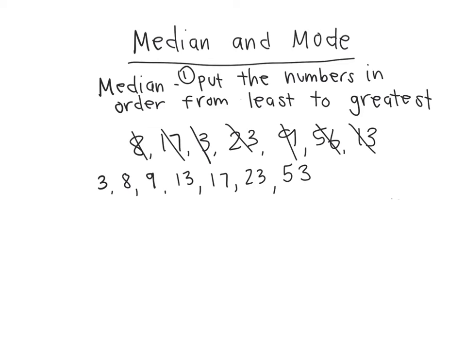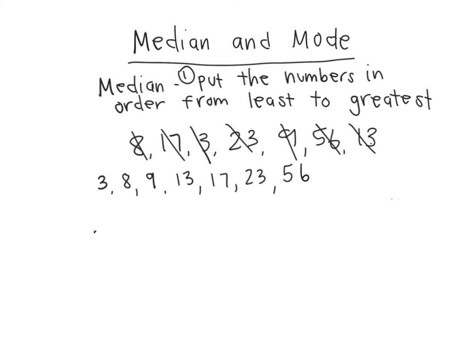Oh, if I could write that right, I would be good. Hold on one second. I should have 7 numbers. 1, 2, 3, 4, 5, 6, 7. 1, 2, 3, 4, 5, 6, 7.